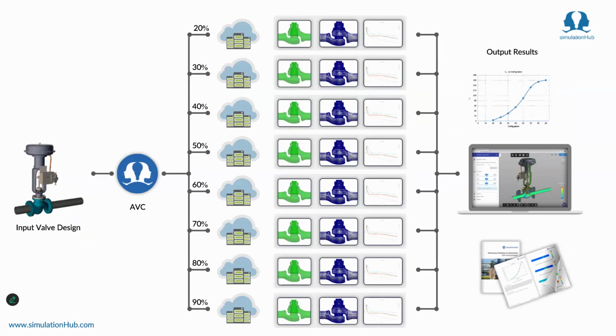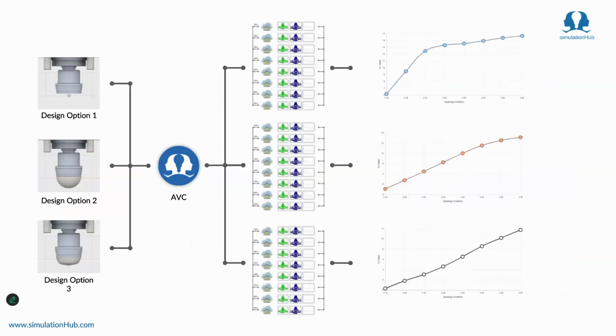So not just this, let's say you have multiple designs, like trim designs you would like to evaluate. So you can upload them simultaneously, and all the simulations for all openings run in parallel, and you get the comparison of CV curves. At the end of the 1 to 2 hours, you get everything at your hand.